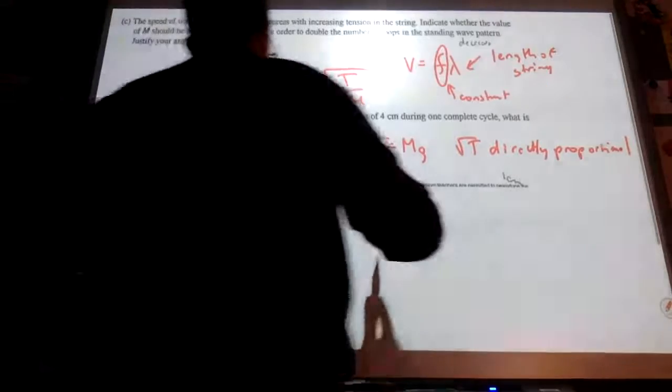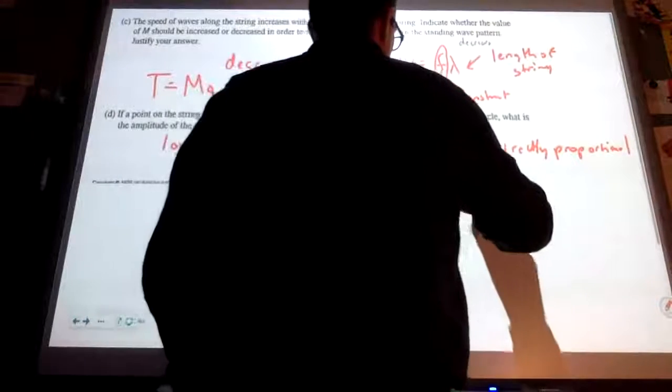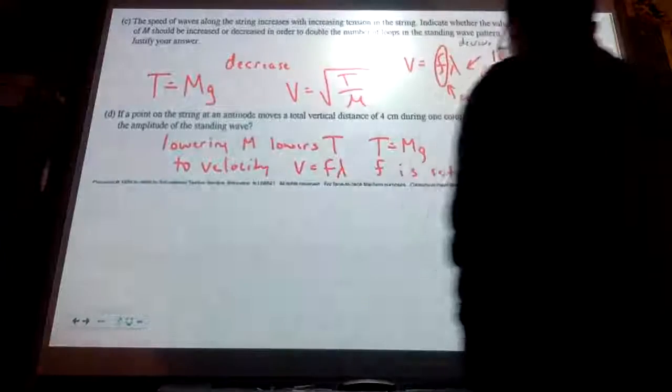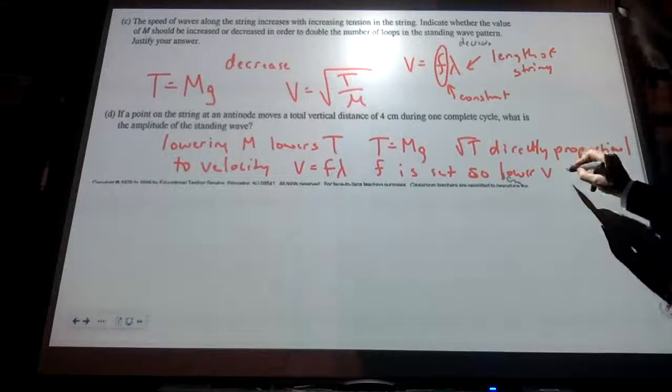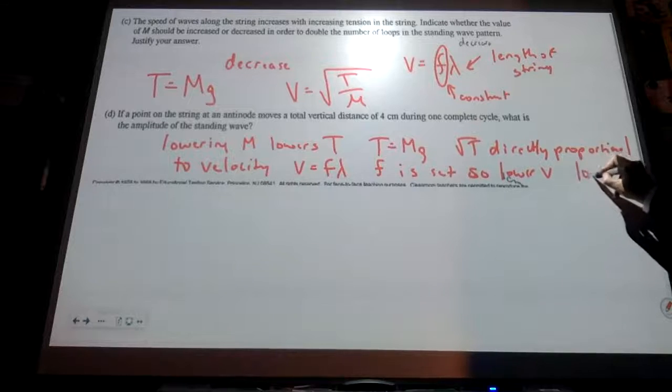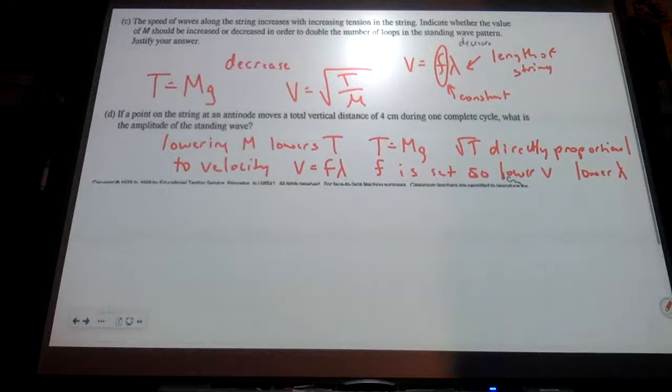Velocity is equal to the frequency times the wavelength. The frequency is set. So lowering V will lower lambda, because these are directly proportional.